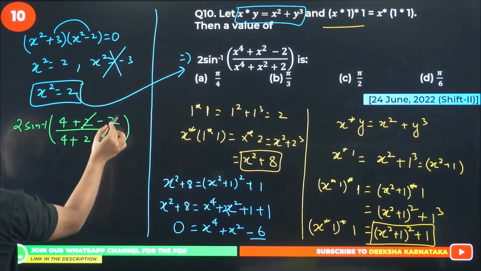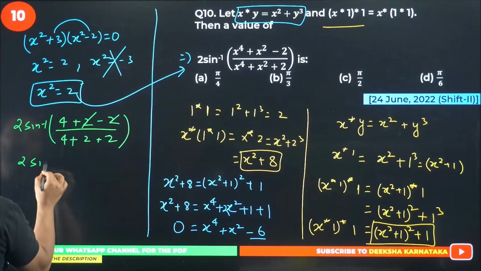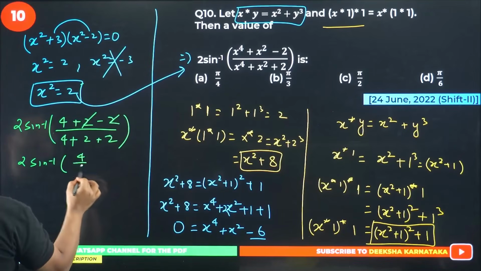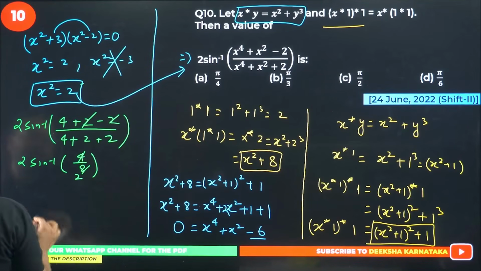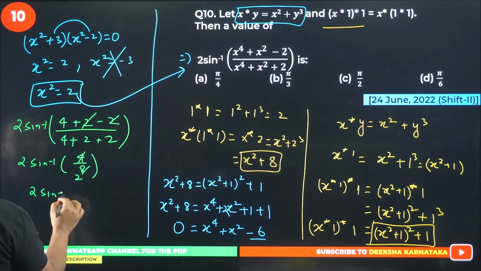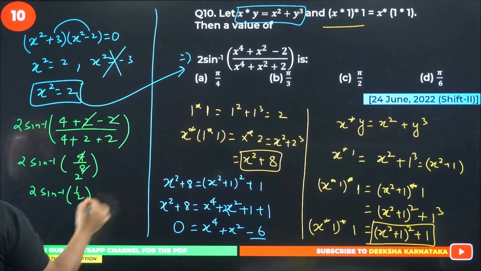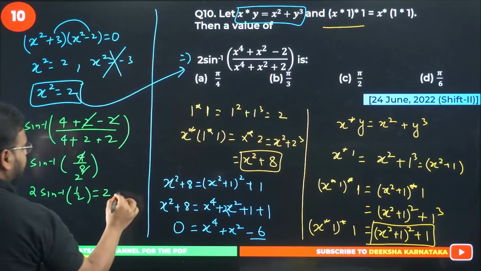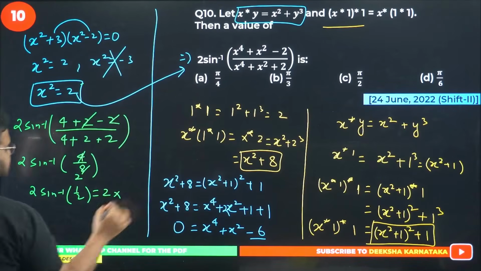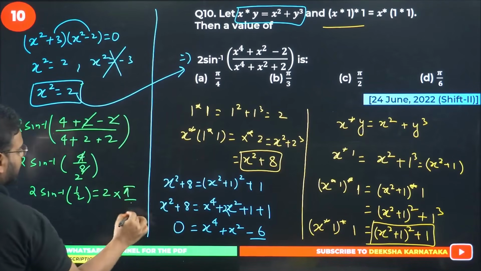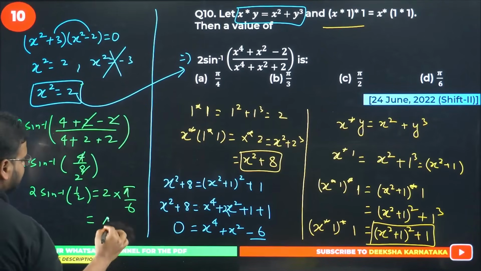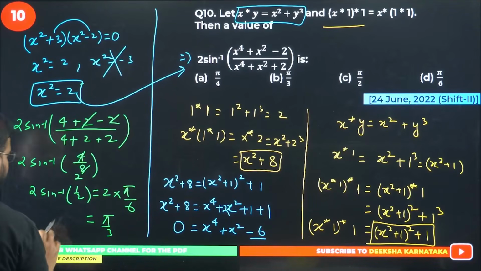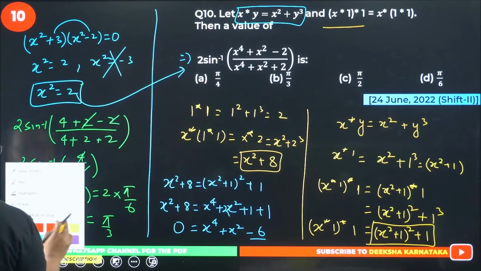So we get 2 and 2 is cancelled. I have here 2 sine inverse of 4 by 8. I get 2 sine inverse of 1 by 2. How much is it? 2 into pi by 6, I think. Sine inverse of 1 by 2 is pi by 6. Final answer is pi by 3.